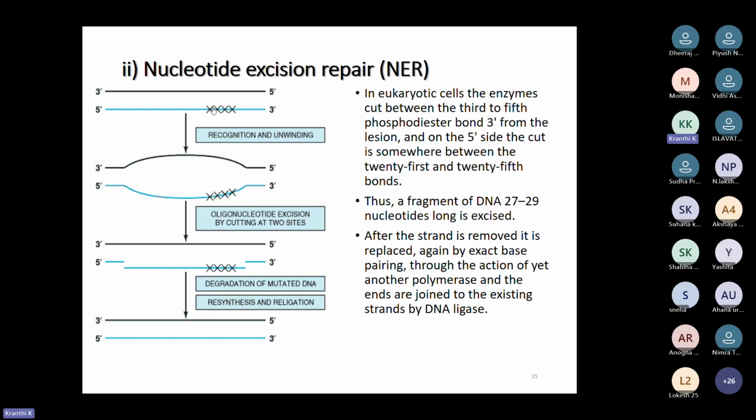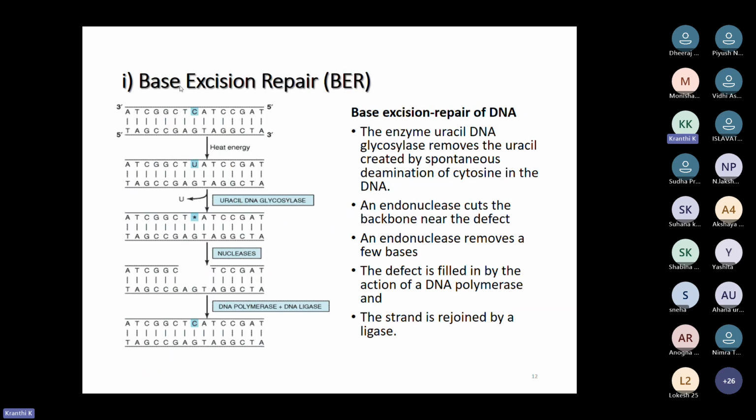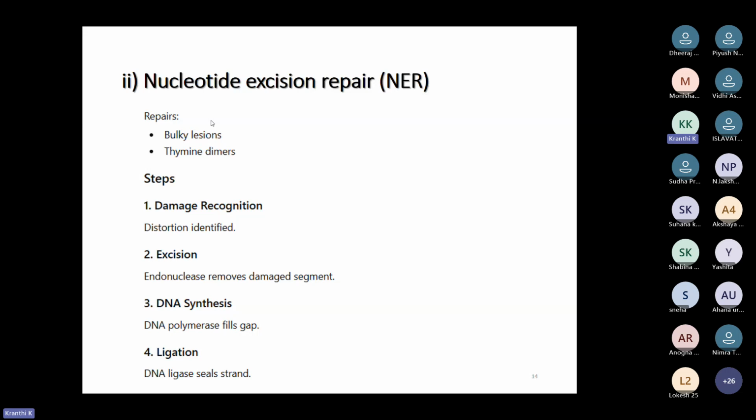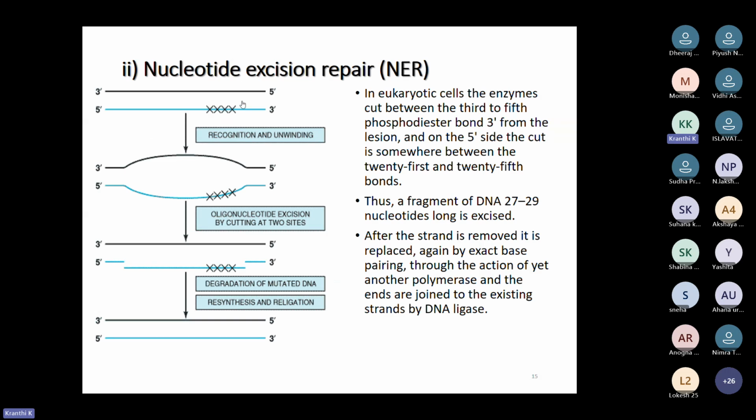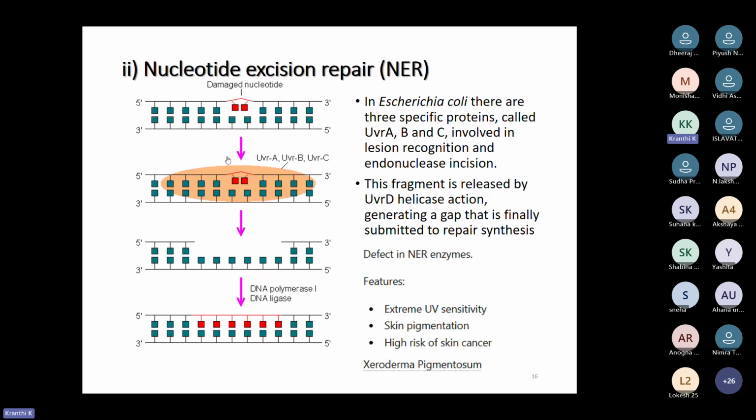In the first one, it was only a single nitrogen base. But here there are bulky lesions, not just one. Damage recognition, then endonuclease removes the damaged segment, DNA polymerase fills the gap, and ligation. Here multiple nucleotides are involved, that's the reason it's called nucleotide excision.